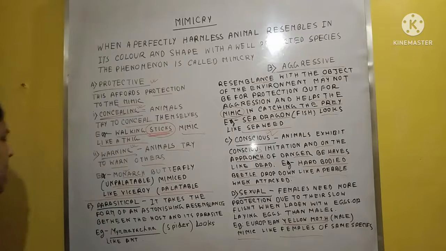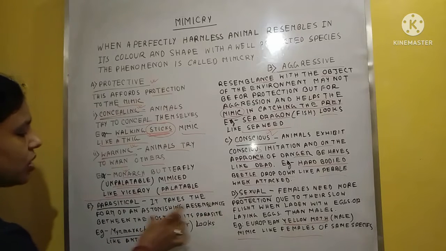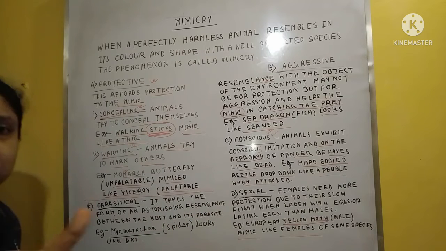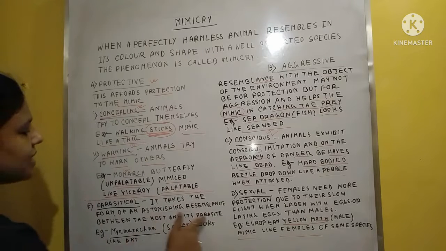Clear? Next one is the parasitical. Parasitical means here it takes the form of an astonishing resemblance between the host and its parasite. This is seen in some types of animals. They imitate either the host or the parasite, between any character of the host and the parasite.